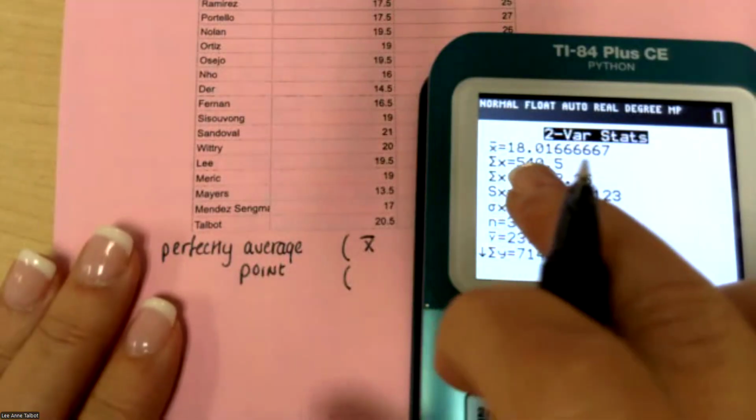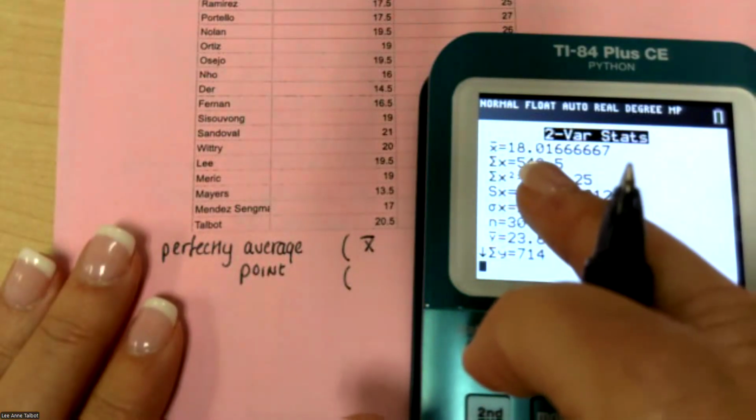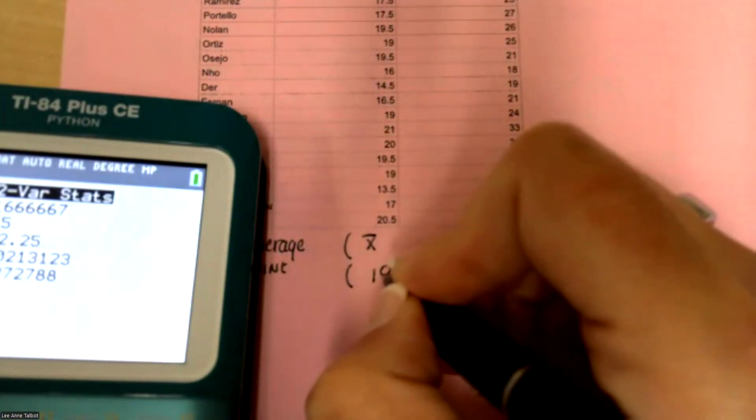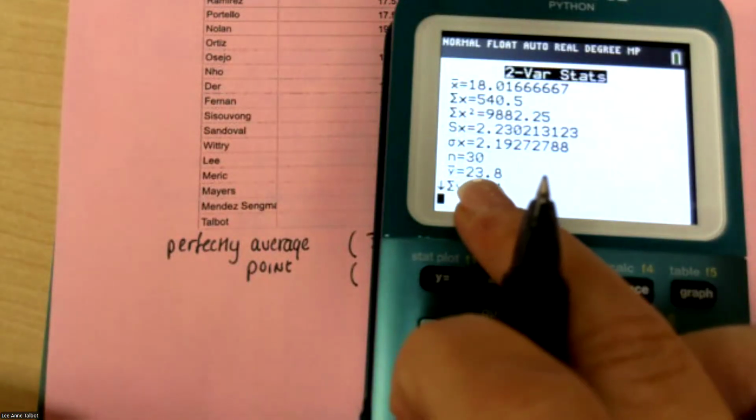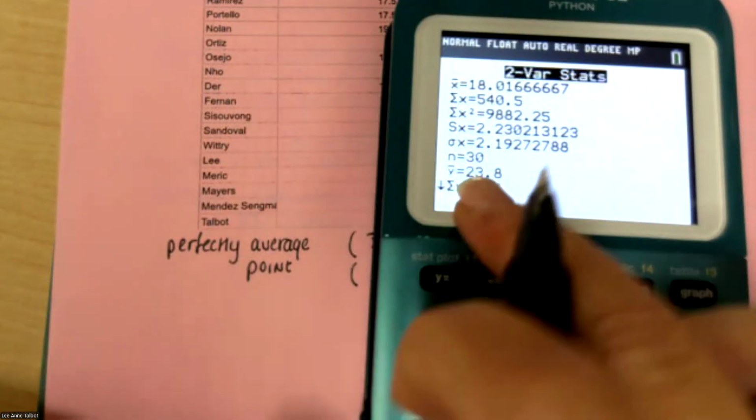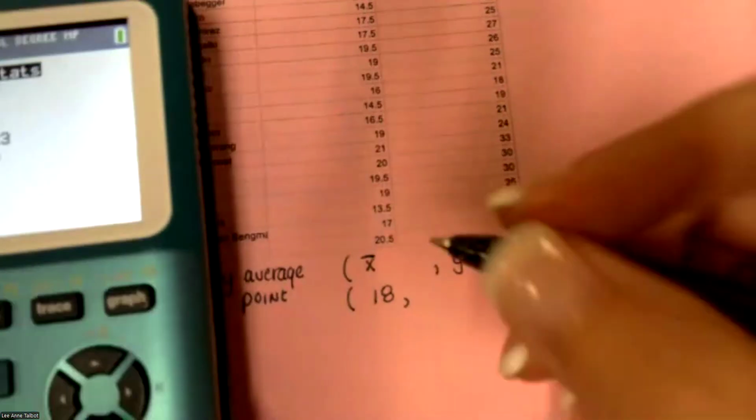Okay, now do you see how the average of X is 18.0? We're just gonna call it 18. And the average of Y is down here, 23.8. So X bar comma Y bar.